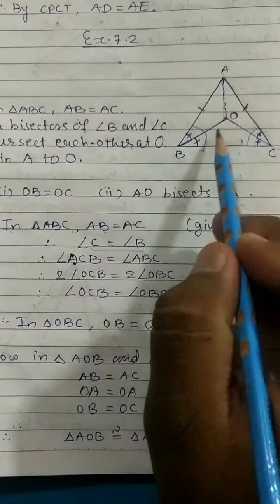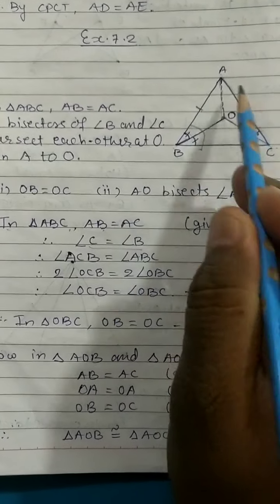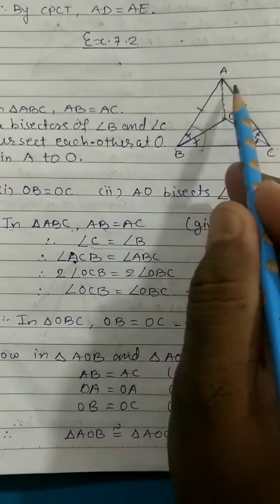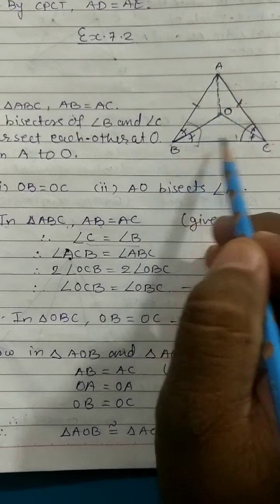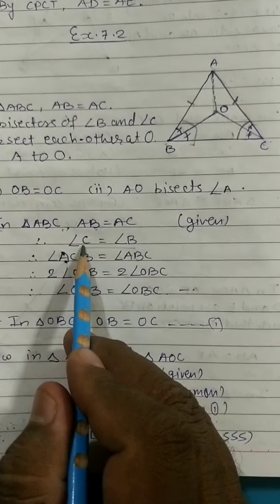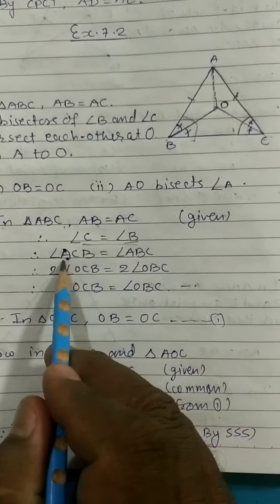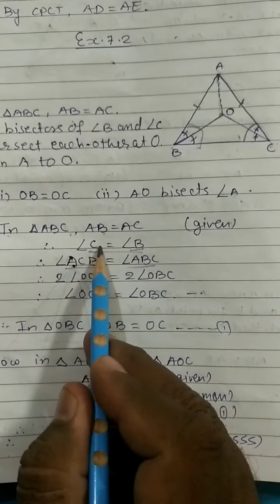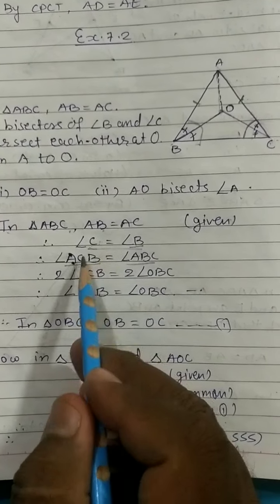Angle C means angle ACB, and angle B means angle ABC, right? We can write the name of the angle in one letter also and in 3 letters also. So I have converted the name of the angle from 1 letter to 3 letters.